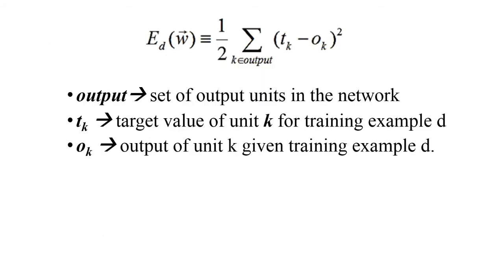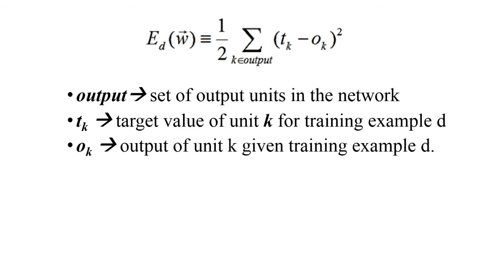E_d of w is equal to 1 by 2 summation for all k belonging to the output, that is, we will consider all the outputs in the output space, (t_k minus o_k) the whole square.